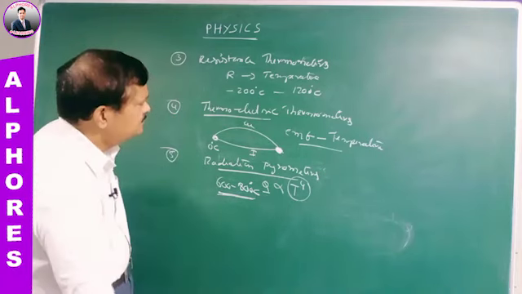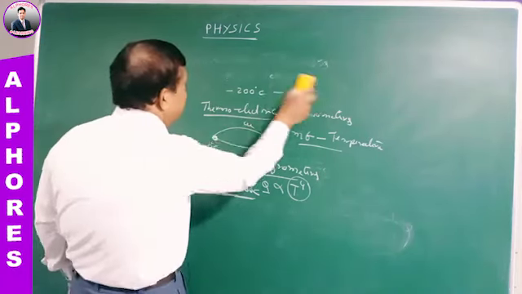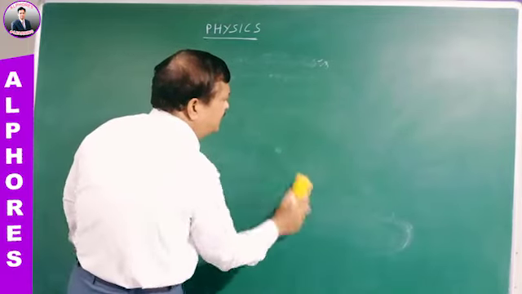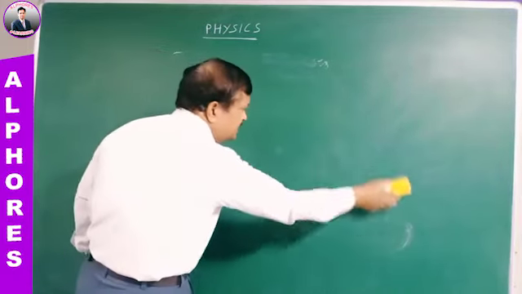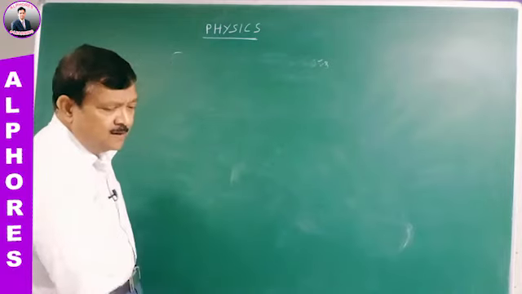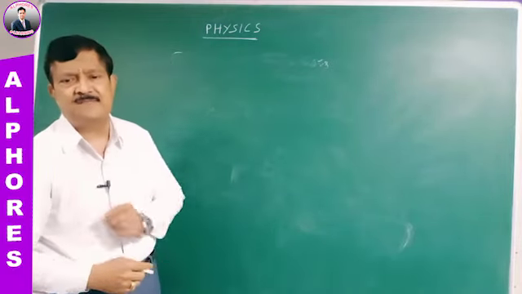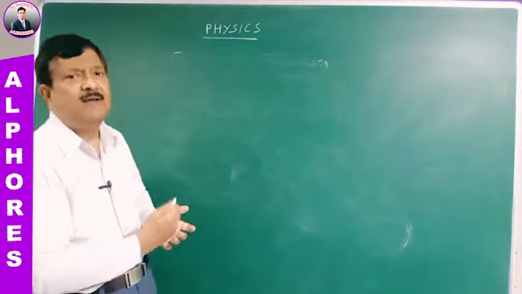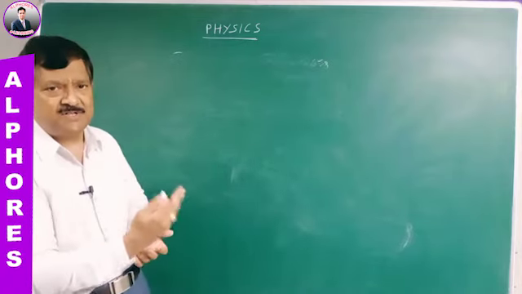Now, after discussing the different types of thermometers, their applications and limitations of use, let us move on to some numericals based on the equation that we studied in the morning session, or in the previous session.